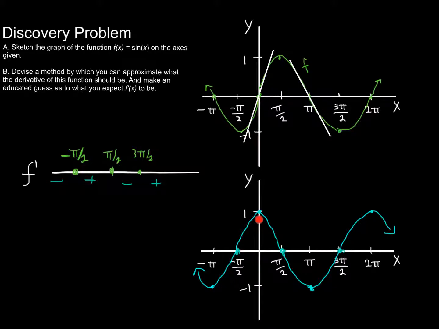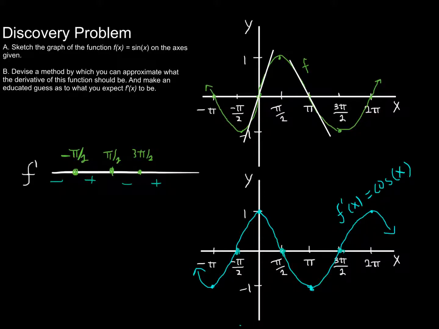At 0 radians has a value of 1, pi over 2 radians has a value of 0, and this is clearly modeling the x-coordinate as I move around my unit circle, or the cosine. And so my hypothesis is going to be that the derivative of f is the cosine of x.